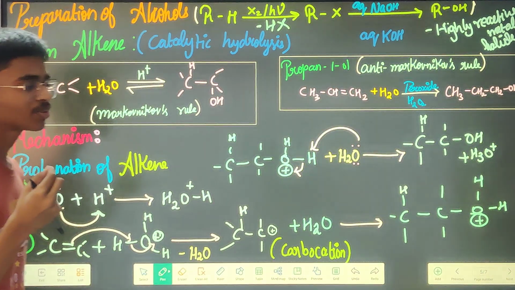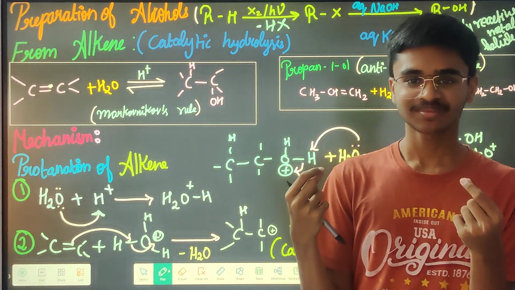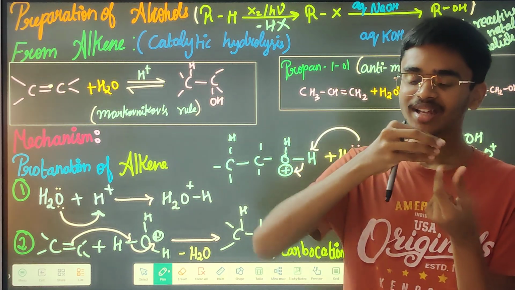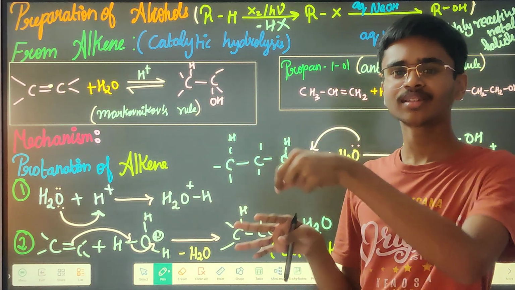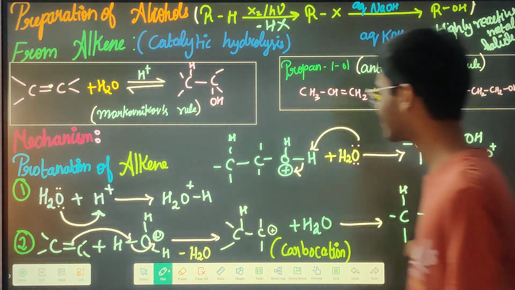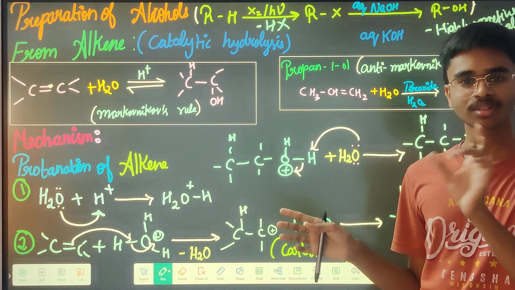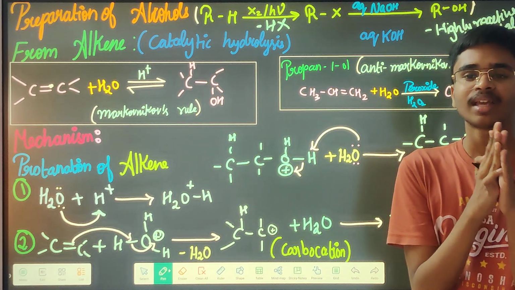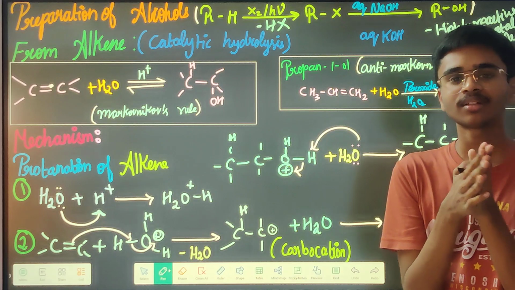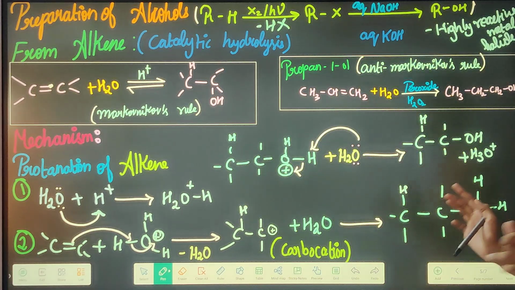That electron will go and react with the hydrogen. Then you will have H2O combined with your alkene, and that alkene will be in cationic form. Then that will become your alcohol by removal of one H. Even this is confusing.